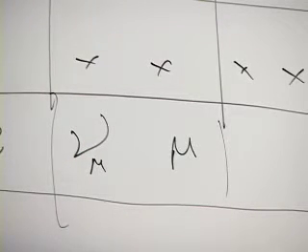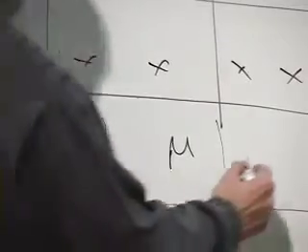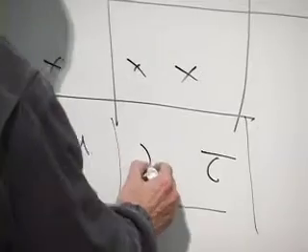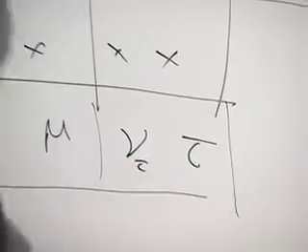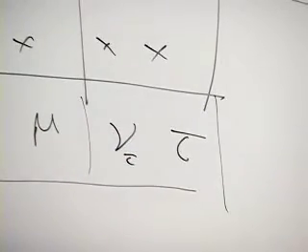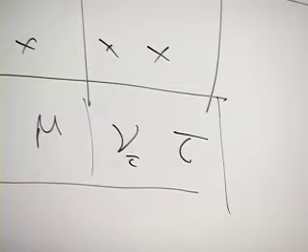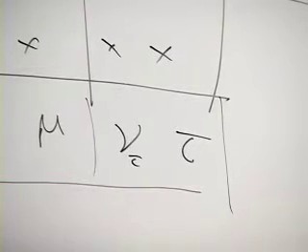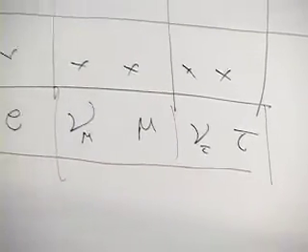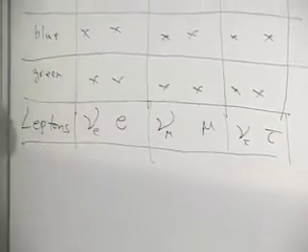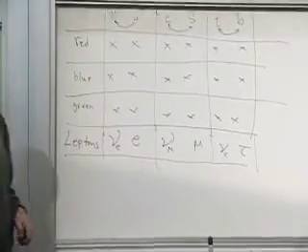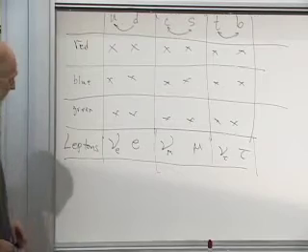And finally, the last one is called the tau, and nu sub tau. All of the charged leptons, incidentally, neutrinos, of course, as you might guess from their name, are electrically neutral. The electrons, muons, and taus have charge -1. Okay?